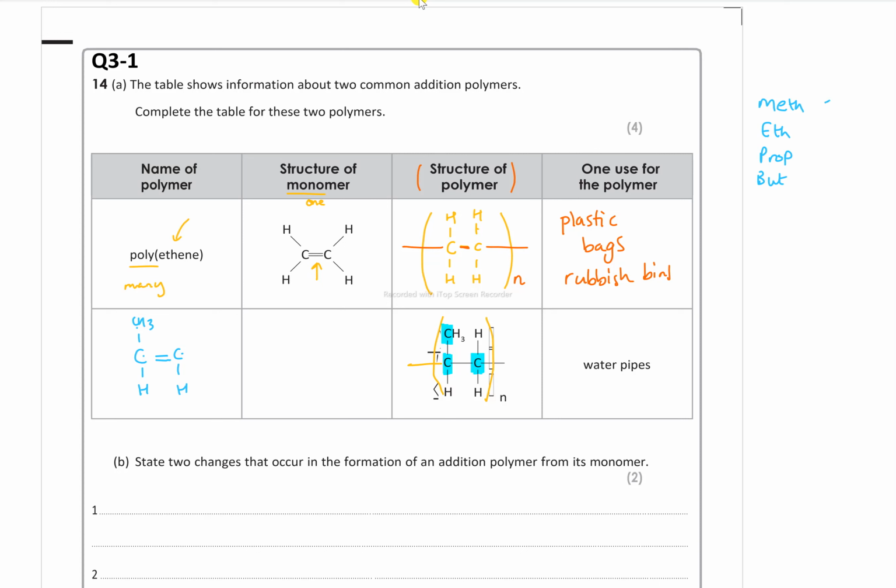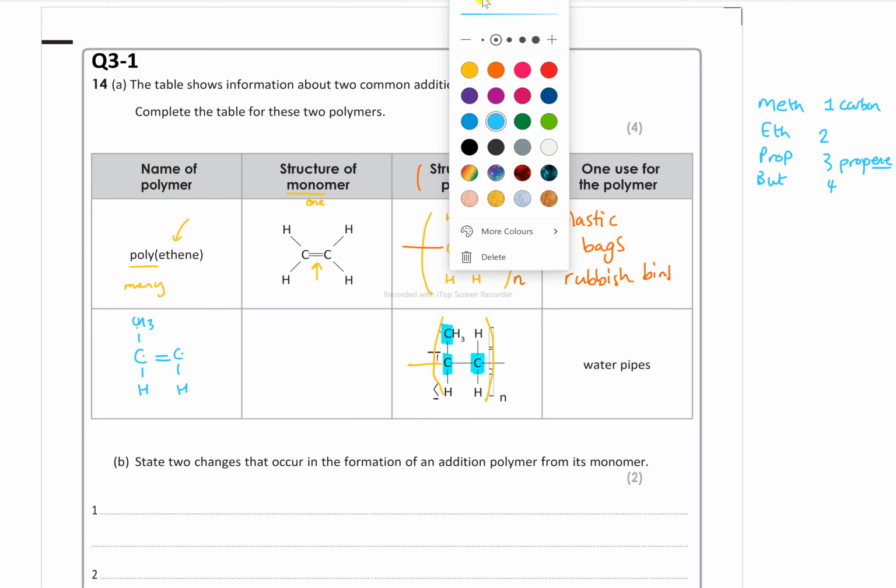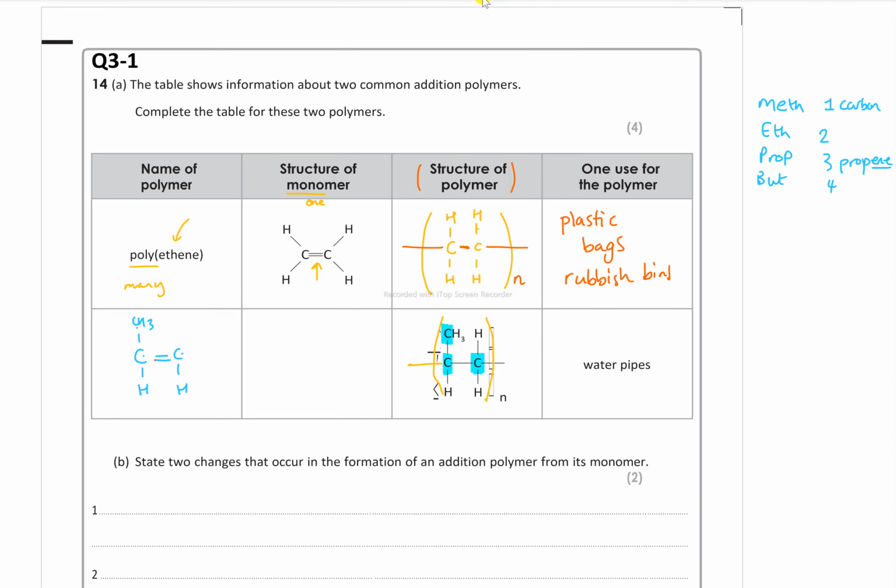That's one carbon atom, 2, 3, and 4 carbon atoms. So this has got 3 carbon atoms, so it will be propene. Why is it ene? Because it's got a double carbon to carbon bond. Now, what's happened is, watch this. This carbon to carbon bond breaks.